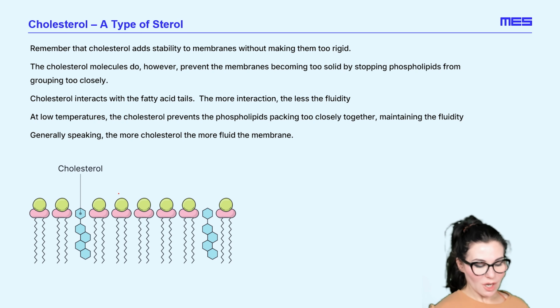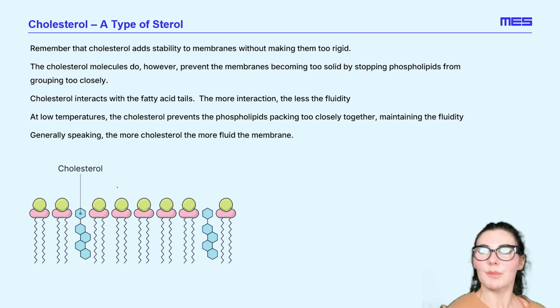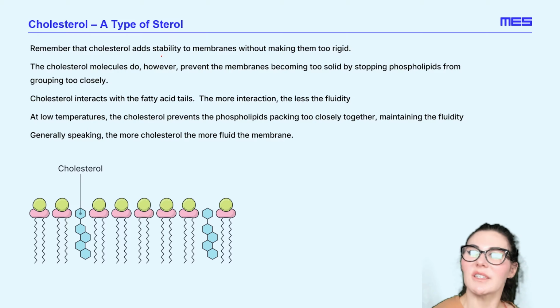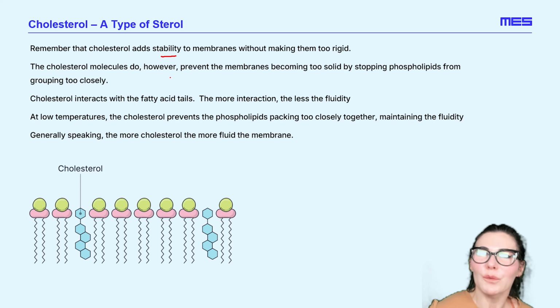Now, just to go back to cholesterol, which is a type of sterol, very important because it helps to stabilize membranes. So it ensures the membrane is in a perfect fluid arrangement. So we have enough fluidity going on without the membrane being too rigid, but we also don't want it too fluid.